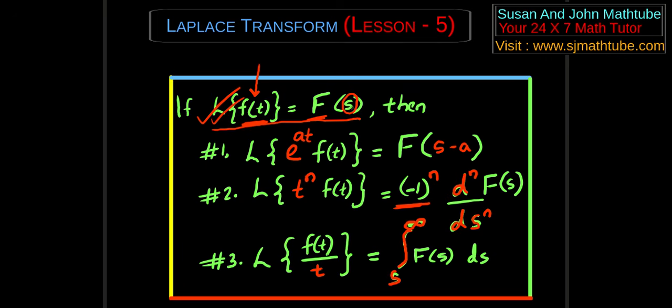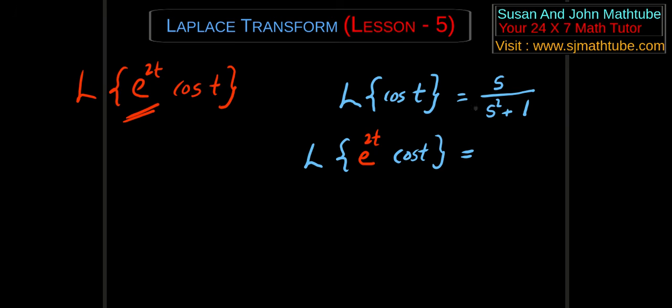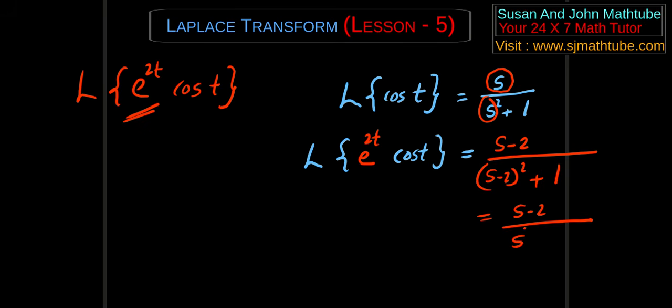Yeah, you have to replace s with s minus a. Okay, so I'll circle that s for you. So the answer is s minus 2 by s minus 2 the whole square plus 1. And that's it. Now you can simplify: s minus 2 by s square minus 4s plus 4 plus 1, that is s square minus 4s plus 5. That's it.